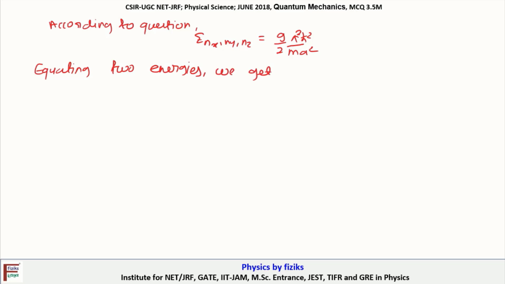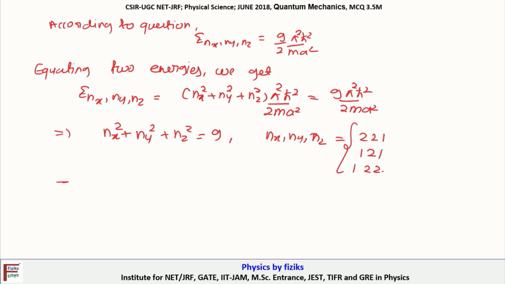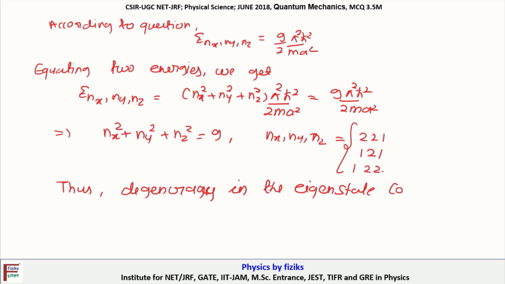We get thus degeneracy in the eigenstate corresponding to the given energy is 3.